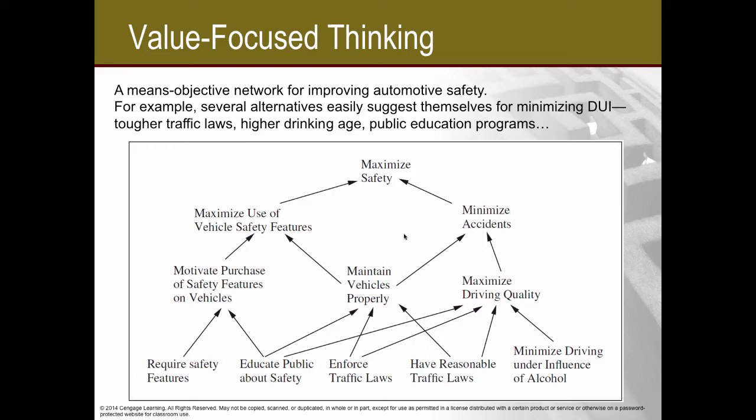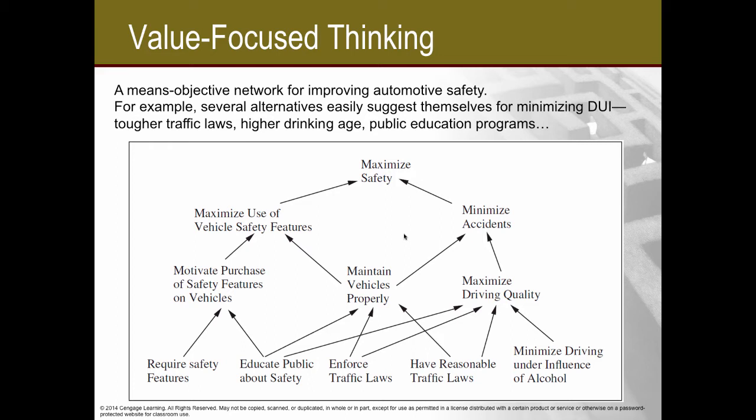Several alternatives easily suggest themselves for minimizing DUI: tougher traffic laws, a higher drinking age, and public education programs are ways to maximize safety, right? So maximizing safety, and then we come up with the means objectives, which are minimizing accidents and also maximizing use of VSF, like vehicle safety features. And then for each of them, again, you come up with different means objectives. You open the door, maximizing driving quality.